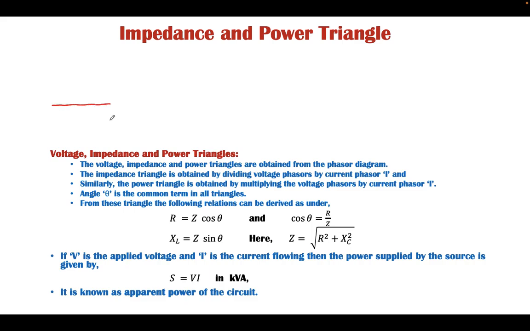If the voltage vector VR is equal to I into R along I, then the resultant voltage across the capacitor will be lagging the current by an angle of 90 degrees, that will be VC, because we consider the circuit as R and C. This is V. This is VR. This is VC. This is V.